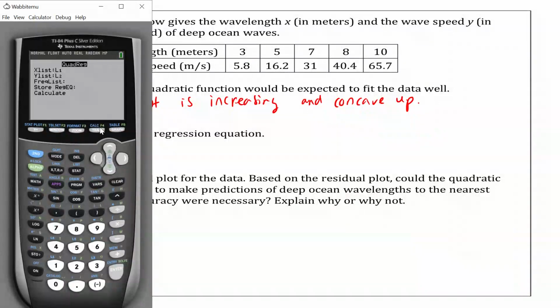Okay, again, alpha trace. This is going to be my 1. And we're going to look at, there's quadratic. And then we're going to do it again, but this time we're going to do exponential. Stat calc and exponential is 9. Stat calc, not 9, 0. And this time I'm going to store it as y2 so that we can see both graphs. And hit calculate.